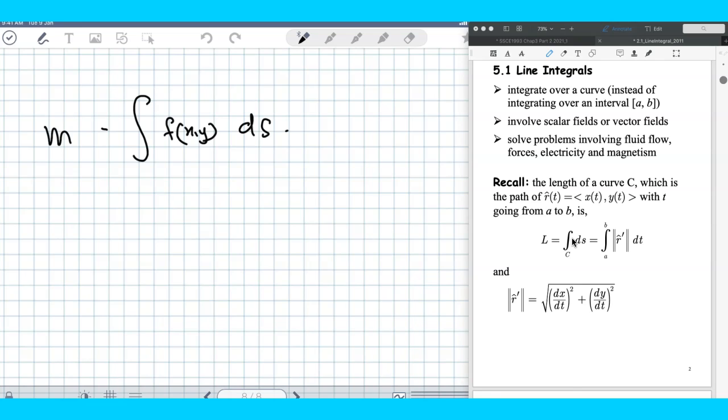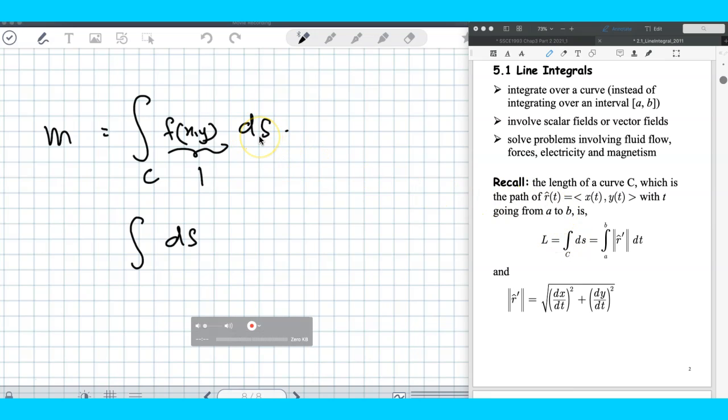We can evaluate the mass of a very thin rope, or the mass of a worm munching the soil along the curve C. But if your integrand is equal to 1, so you only have ds, we know that ds here is the arc length. So this reduces to finding the length of the curve.